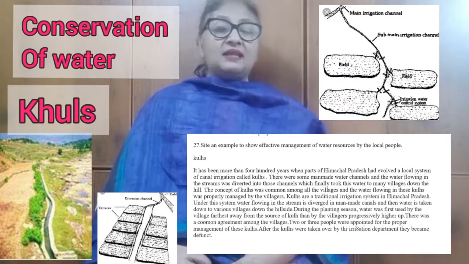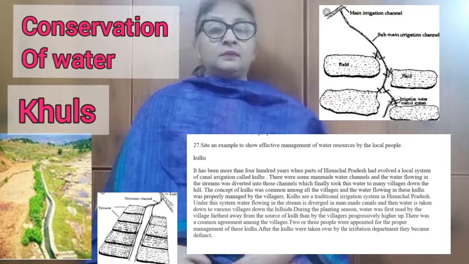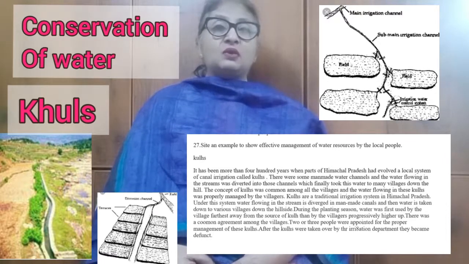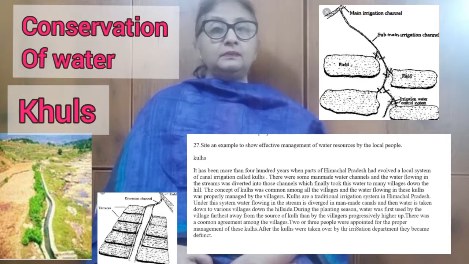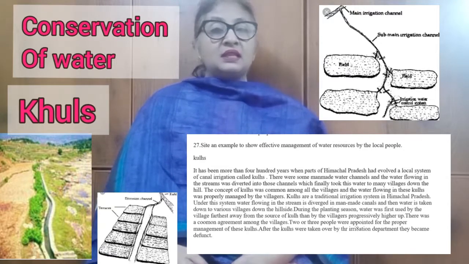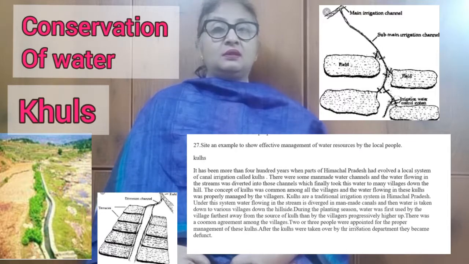The interesting part is that during the planting season, the village that was furthest away from the source received water first, and then progressively higher up the villages received water. This system worked very well because the villagers appointed 2 or 3 people to manage the flow of water through these man-made channels.